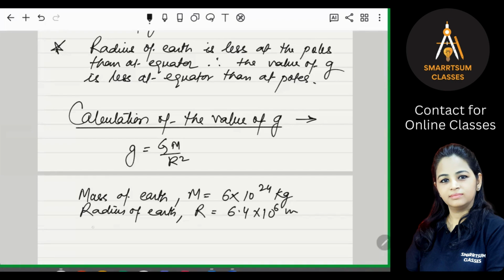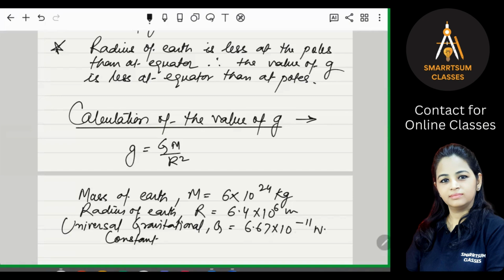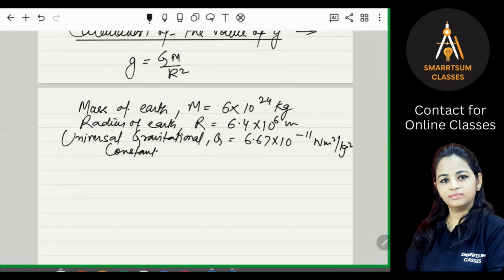And the value of G, universal gravitational constant, is 6.67 into 10 to the power minus 11 Newton meter square per kg square. So now we know the values of all the three. So we can put these values now to find out the value of g.